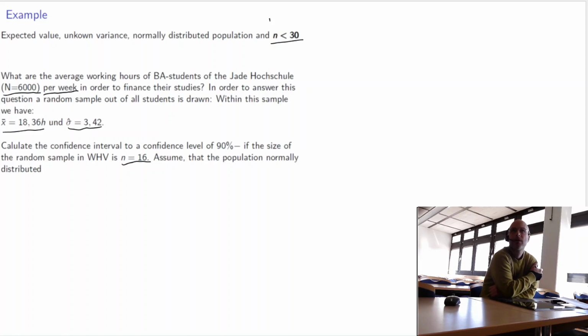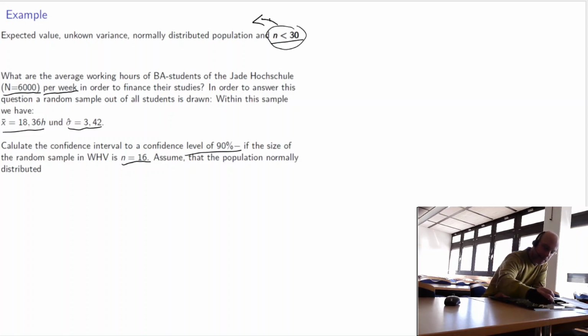So now you want to calculate the confidence interval to a confidence level of 90%. But since now you have only a small random sample, you cannot take anymore the standard normal distribution, but you have to take the t-distribution.